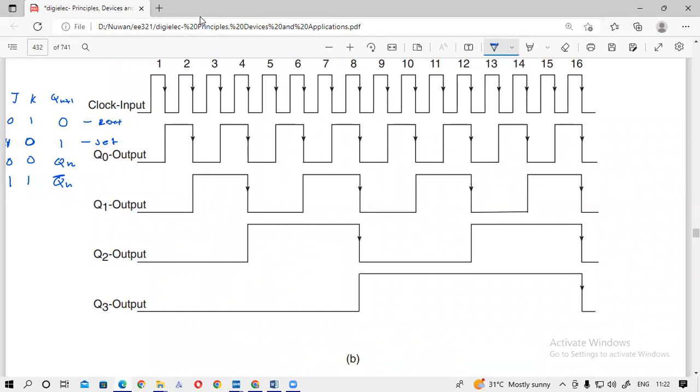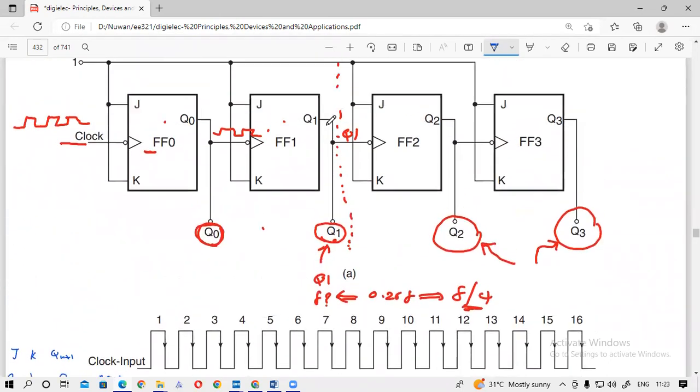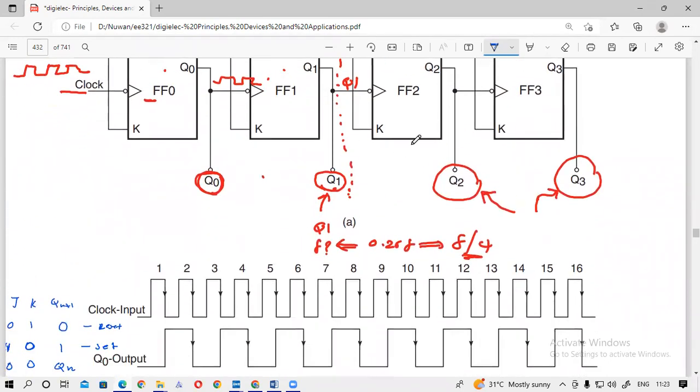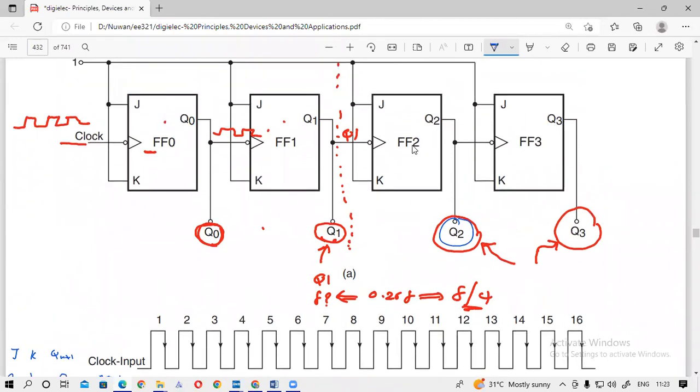So we need to use this table, and I'm going to find the waveform at Q2 here. You can see the clock input. So this is a negative edge triggered flip-flop.